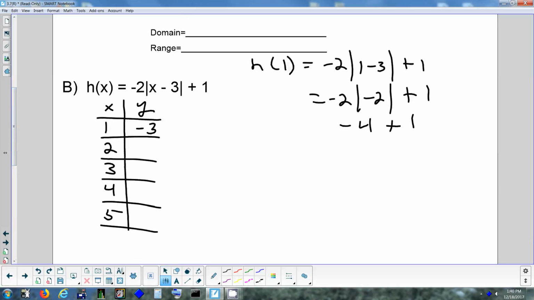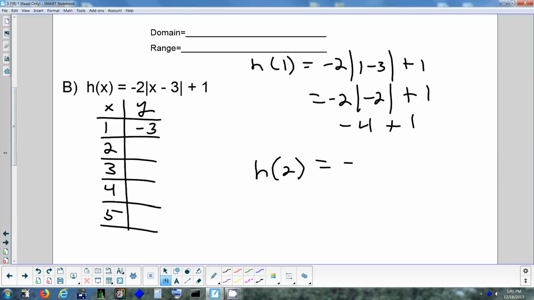That's how we got that -4. Remember, anything inside the absolute value always comes out positive. Always, always, always.